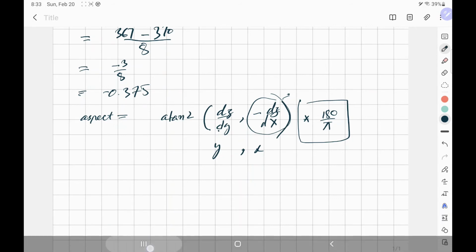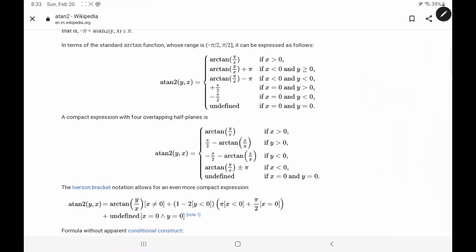So the second condition is not fulfilled. Let's go for the third condition. Y is negative. Yes, y is negative. We can use this formula as well. X is negative? No, x is not negative. So I will use the first formula, which is simply arc tangent of y by x.